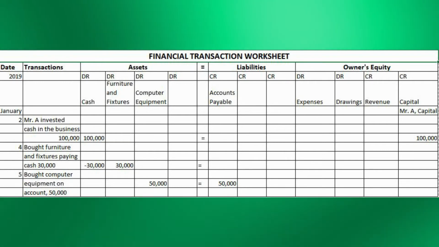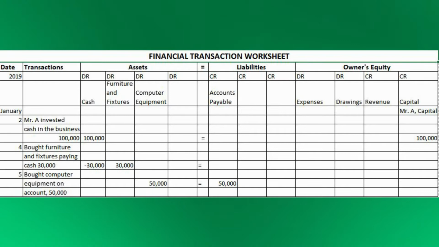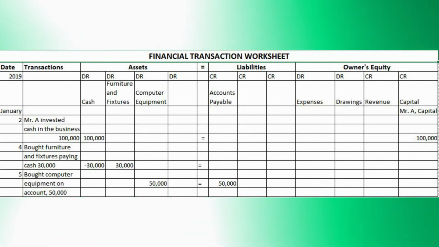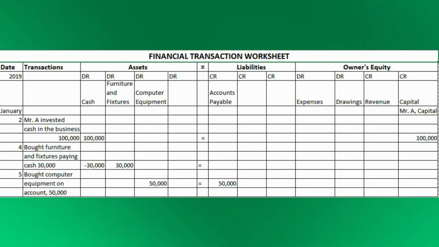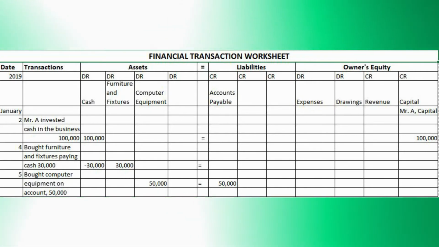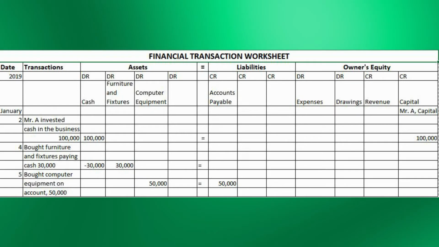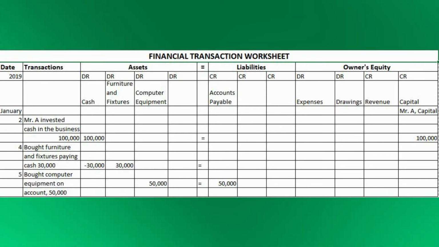So this financial transaction worksheet is a very helpful guide for the student to formulate their journal entries, because you can find already the definite account titles together with the dates and the amounts, and on the journal entry, all you have to do is come up with a little explanation about the transaction.